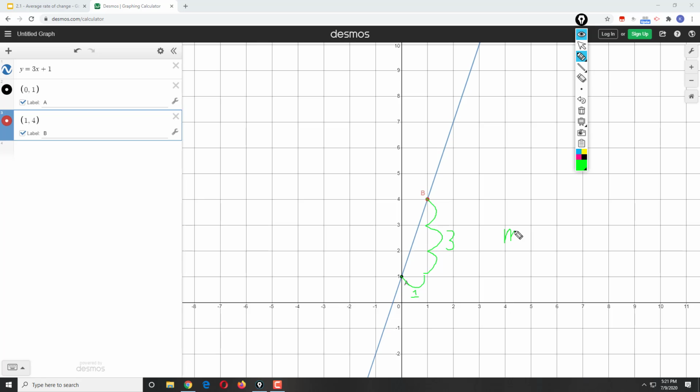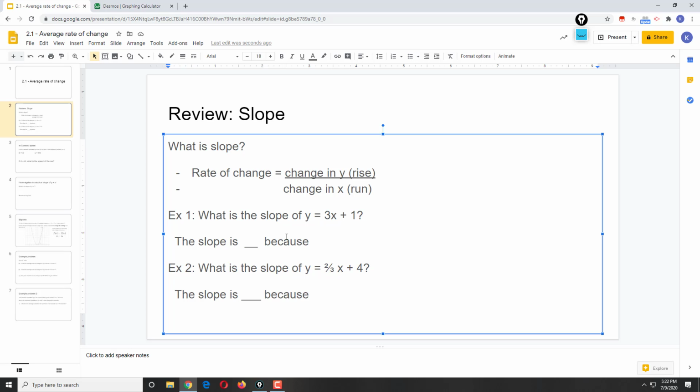So that's why the slope, we're going to use m for slope, is the change in y, or the rise, which is 3, over the change in x, which is the run, which is 1. 3 divided by 1 is 3. So the slope of this line, y equals 3x plus 1, is 3.